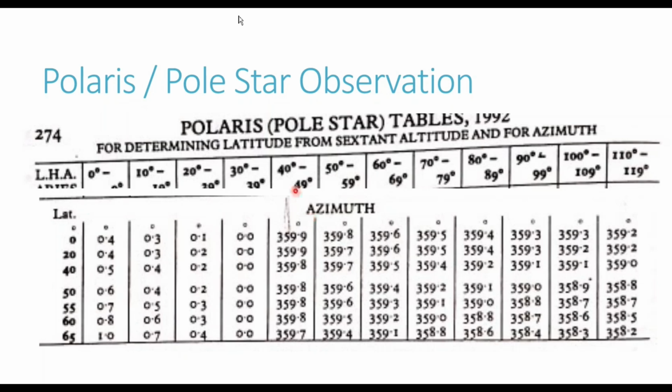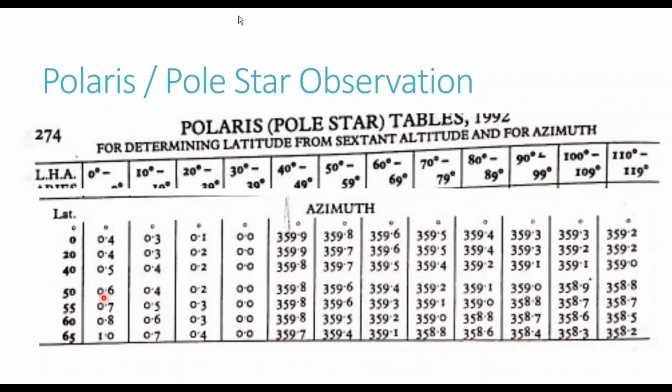So how do we read it? You keep on following the same column which you entered with basis the LHA of Aries. And once you come to this part of the table, you see this is also entered with DR latitude. You have the DR latitude mentioned on the left hand side in the vertical axis. And whichever value is closer to your DR latitude, you enter with that value and find out the azimuth of the pole star.